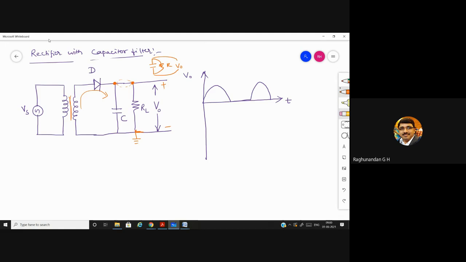Now you tell me, if the voltage across this is V naught, what will be the voltage across this? Just look, this point is the same. That means if this is positive, this is also positive. And what about this point and this point?